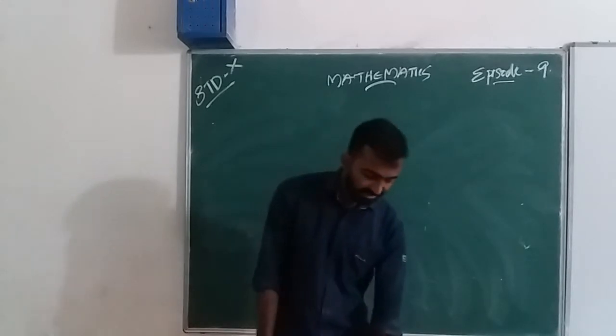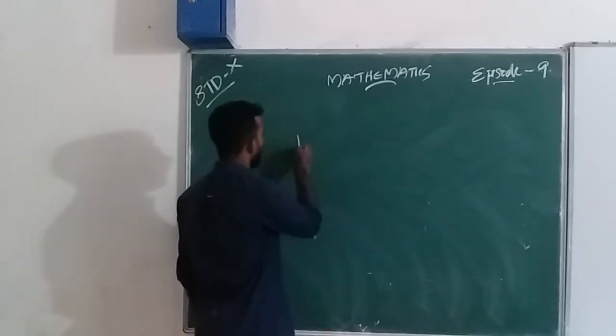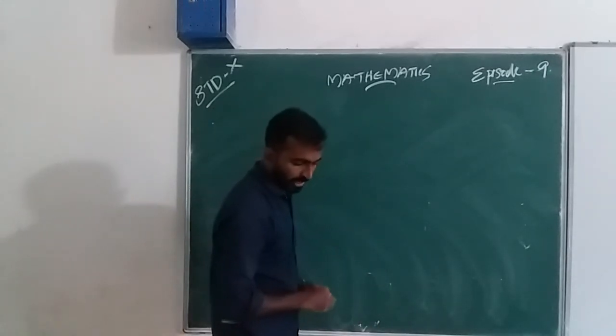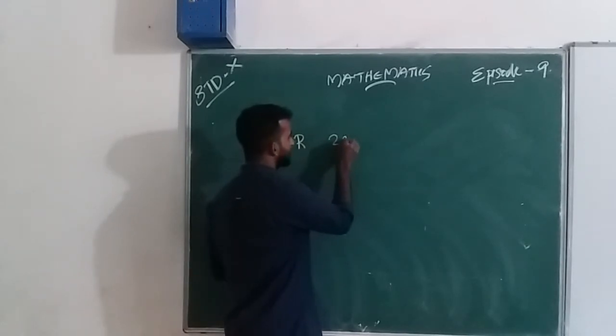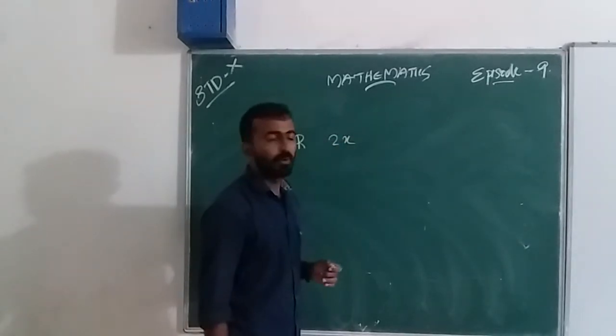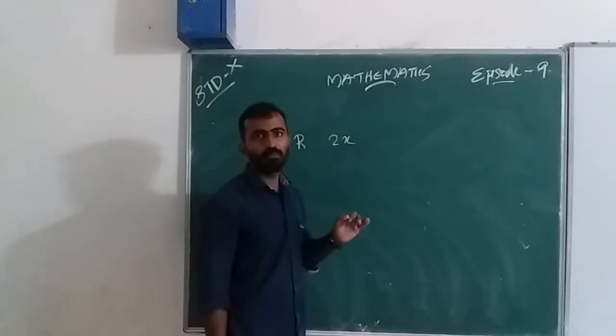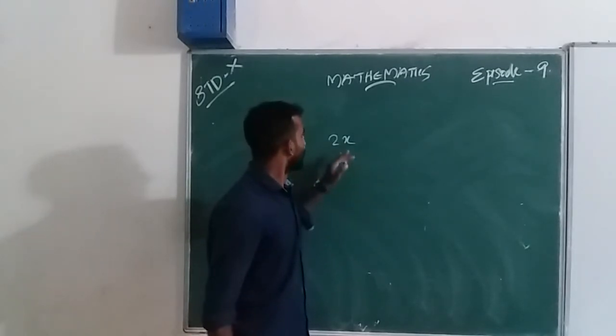What did Romana buy? 2 pencils and 3 erasers. We write some equations.